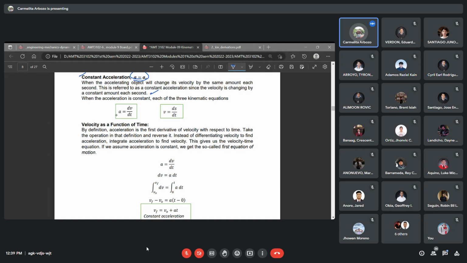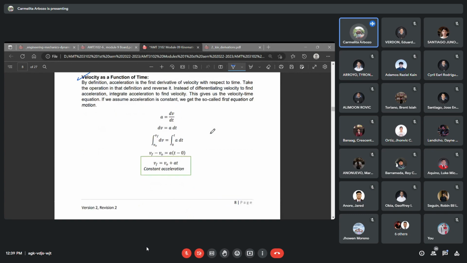So, when the acceleration is constant, each of the three kinematics equations, a equals dv over dt, and v is equal to ds over dt. So, unahin natin tong velocity as a function of time.